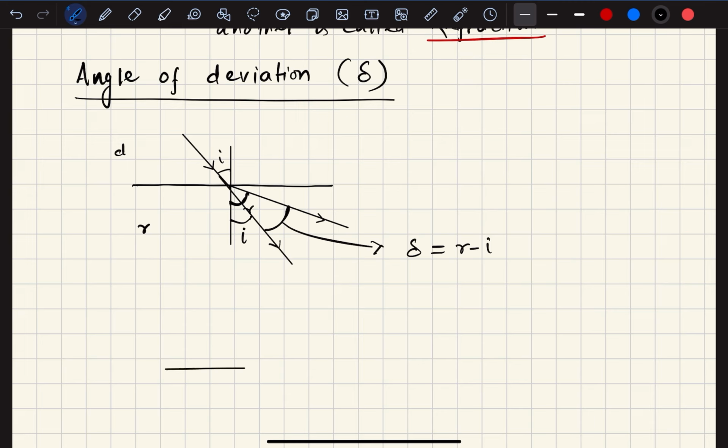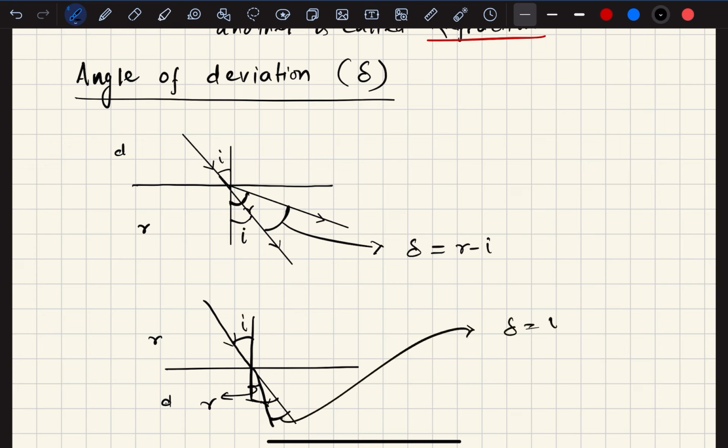If the light is traveling from rarer to denser medium, then light would have bent towards the normal. So this total angle was equal to this angle, which was I, and this part we can call R. So here the deviation would have been total angle, that is I minus R. So this is angle of deviation.